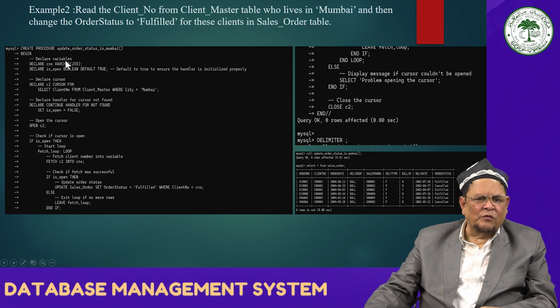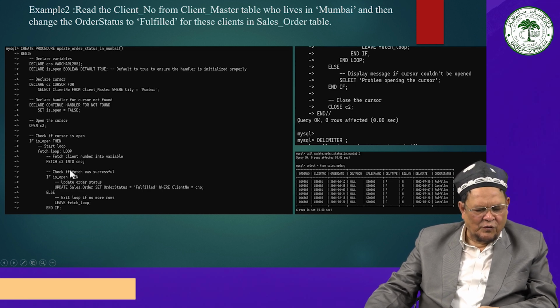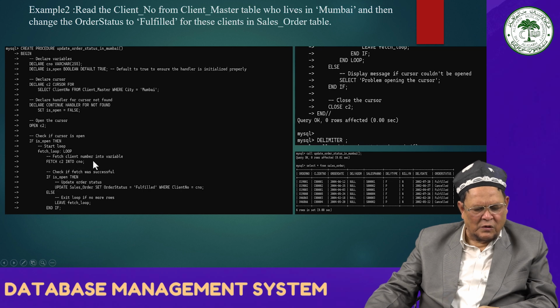In the procedure you have to write an update procedure for that, and then declare the cursors and declare the handler for the cursor not found. Then open the cursor, check if the cursor is open, then fetch the client number into variables.